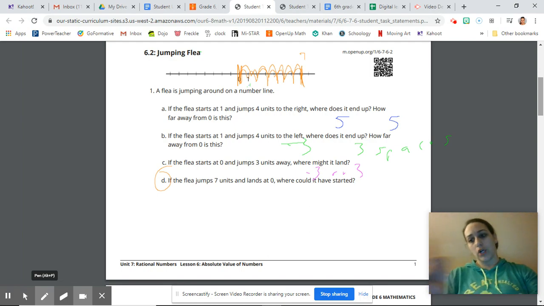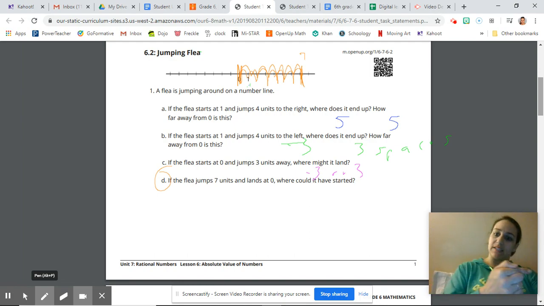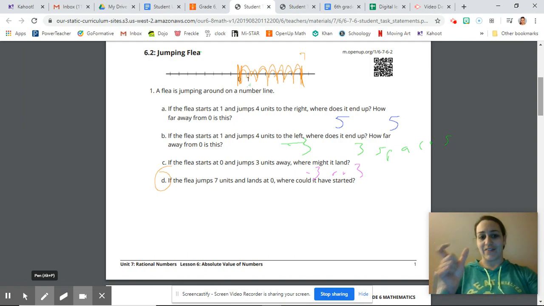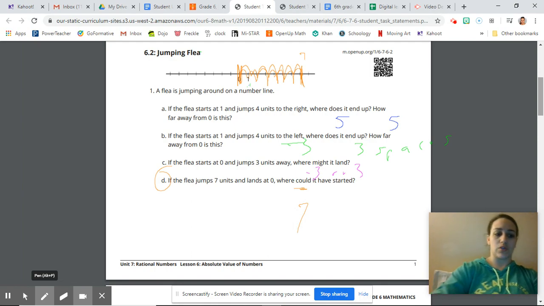Whether I start at 0 and go to 7, or start at 7 and go back to 0, I'm still making 7 hops. So where could it have started? Well, it could have started at the 7, but he could also be making that jump going the opposite direction. So I could also say that this little flea dude could have gone, there's 0 again.